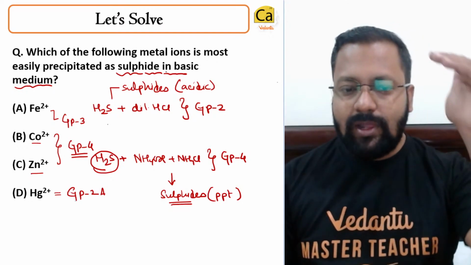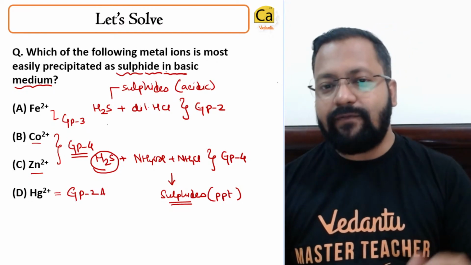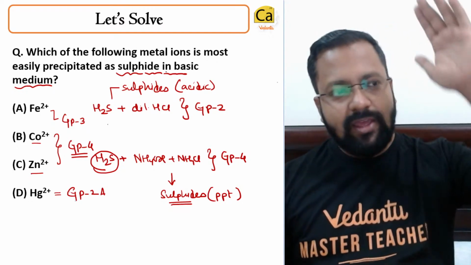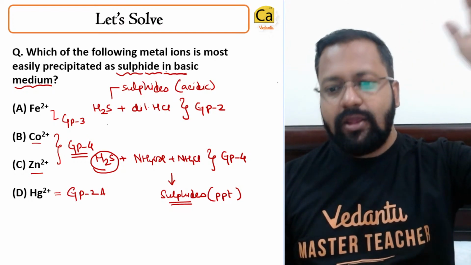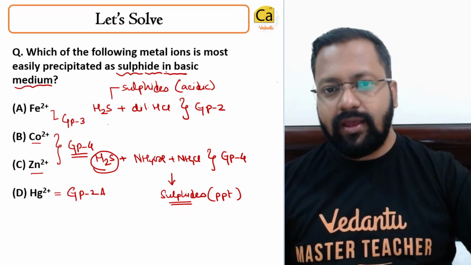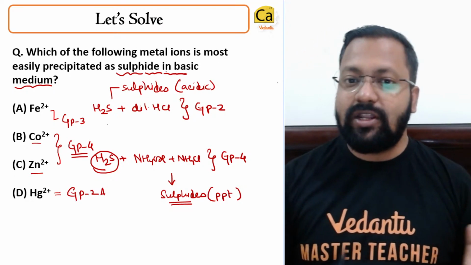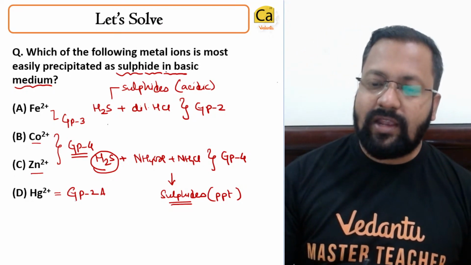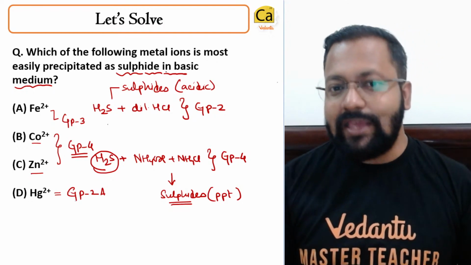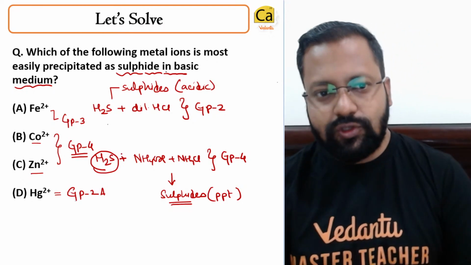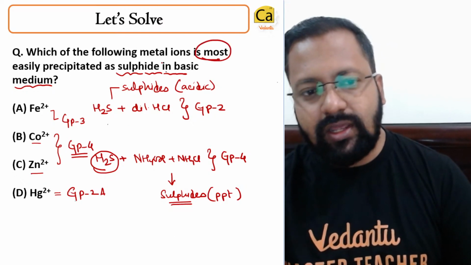Remember, of the sulphides of all ions from group 1 to group 5, the ones present in group 2 have the least solubility product. So most easily, the question is different.